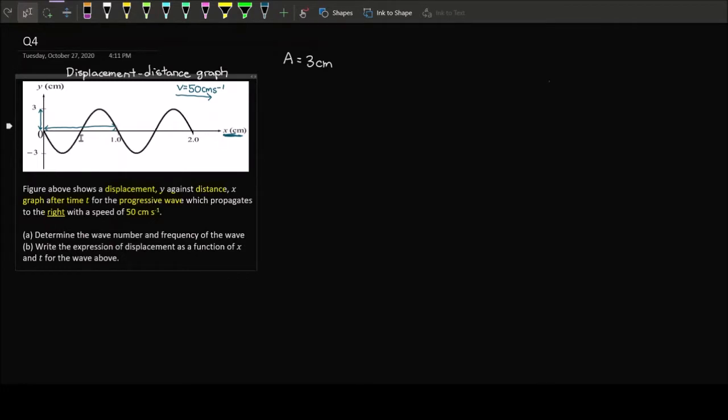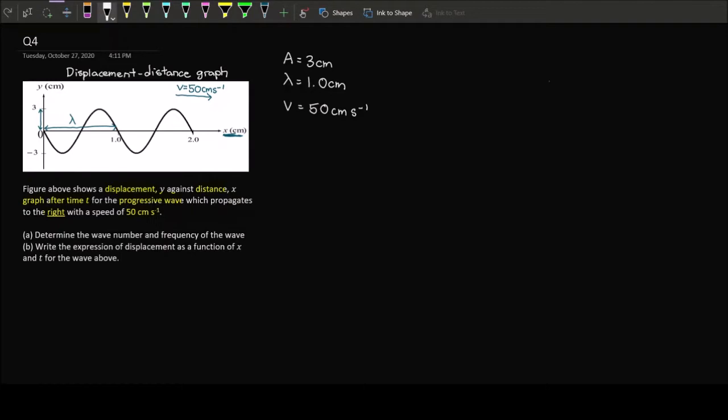If it's the distance covered by one complete oscillation, I believe you know this is just the wavelength of the wave. Okay, this is the wavelength of the wave, and you can see it's equal to 1.0 cm. And this wave is moving with a velocity of 50 centimeter per second. Okay, those are the important things that we can extract from this displacement distance graph.